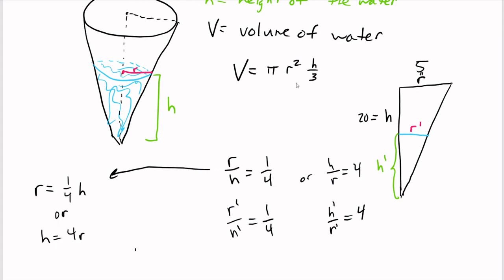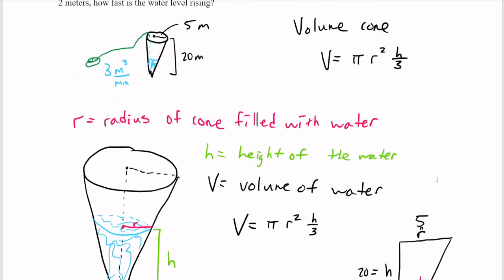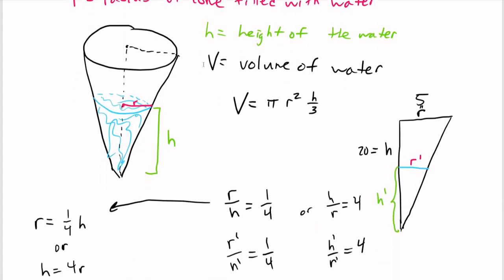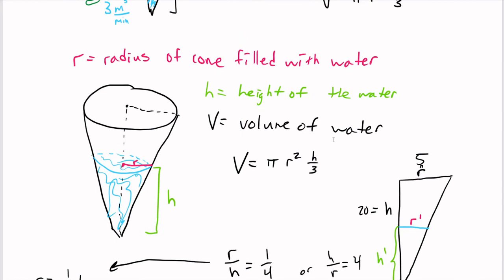And going through here, we have to go back and say, which one did we actually want and which one were we given? Because that might also determine things. So let's see. When the water level is 2 meters, how fast is the level rising? So we actually want dh/dt.